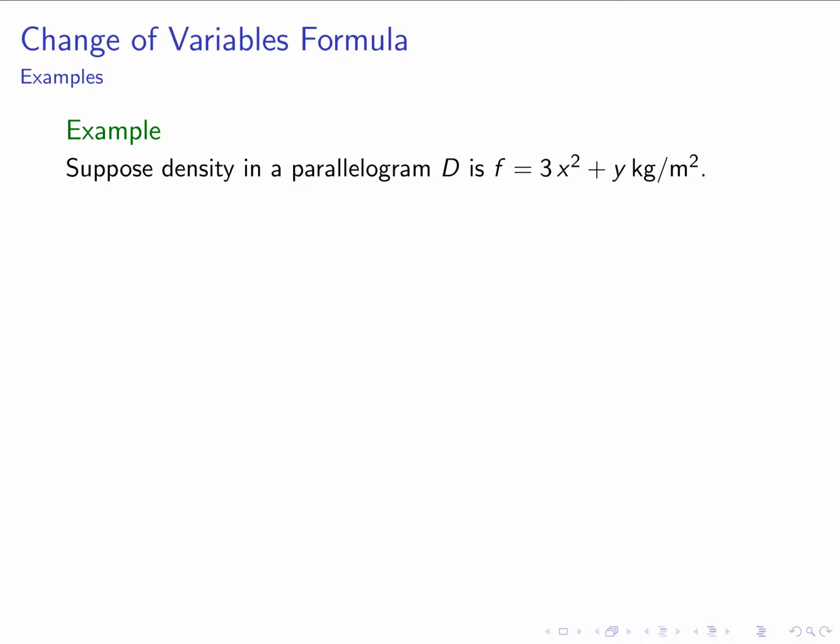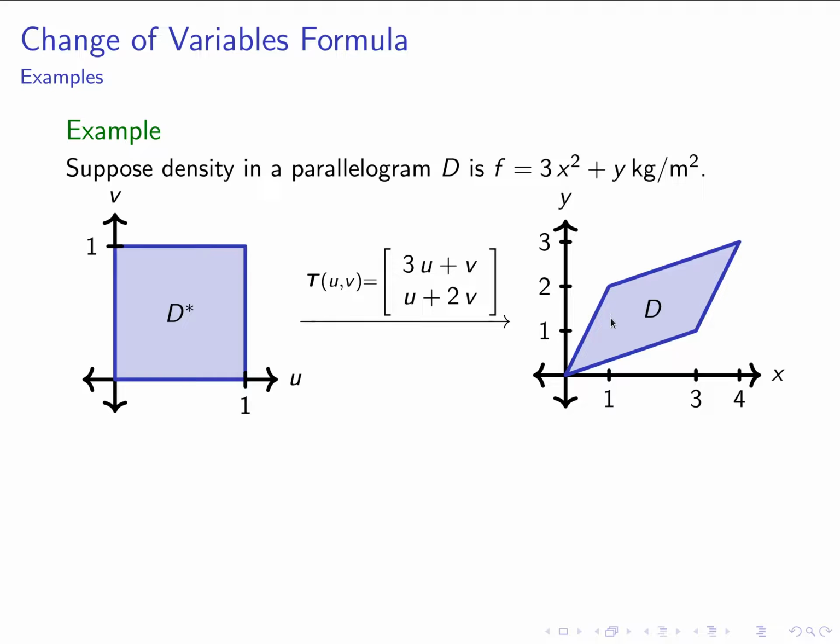So let's see an example here. Let's go back to the parallelogram that we started this lecture with. In that problem, the function measuring density was 3 times x squared plus y, and the region we were studying was the parallelogram spanned by the vectors (1, 3) and (1, 2).